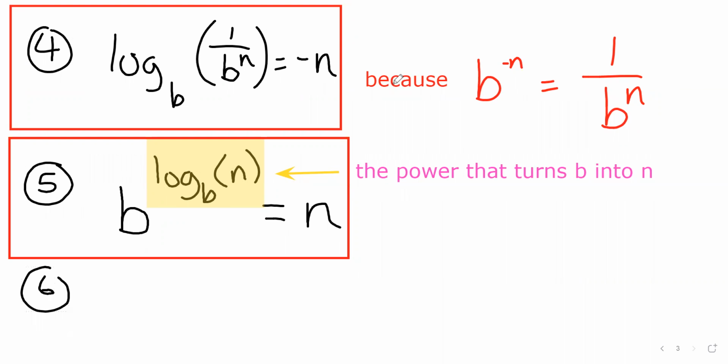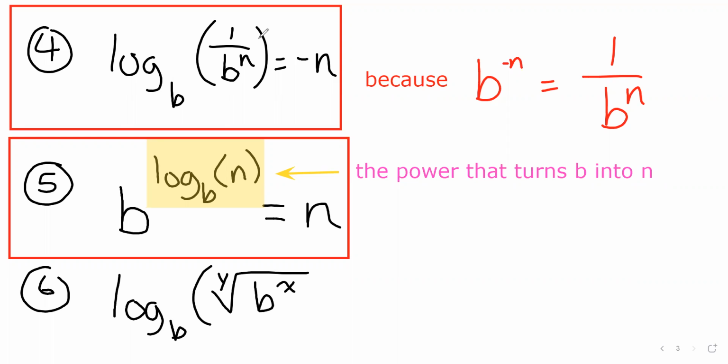So what is this next one I want to show you? Well, what if we have a log base b, but our argument is the y-th root of b to the x power? Actually, let's take off the x for a second. What if it's just the y-th root of b?